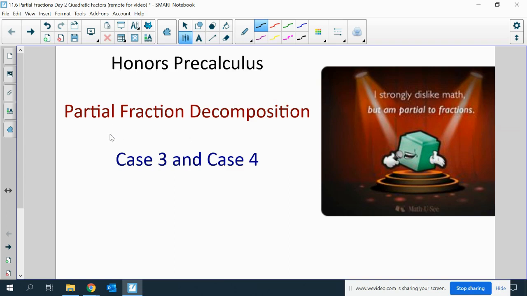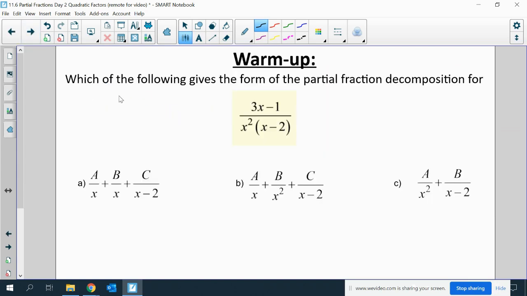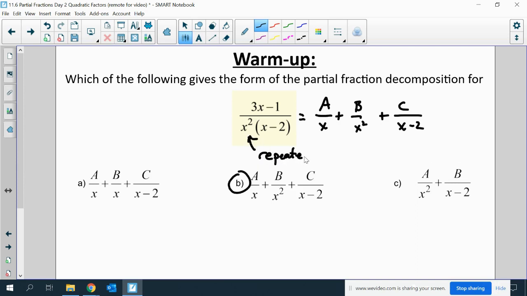We're going to talk about the third and fourth types of partial fraction decomposition today. First, to warm up, let's remind ourselves of what we learned last time: (3x - 1) over x squared times (x - 2). What we would do with a problem like this is write A over x plus B over x squared plus C over x - 2, because we have a repeated linear term and a non-repeated linear term.